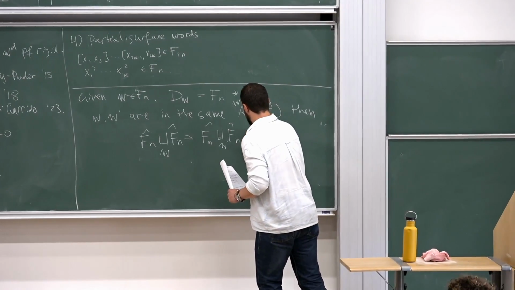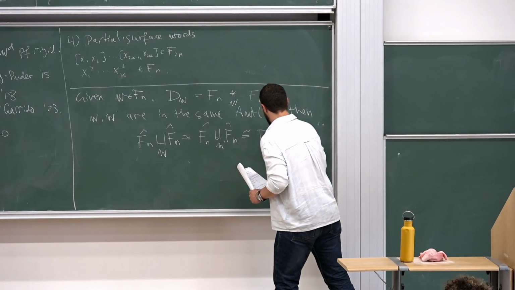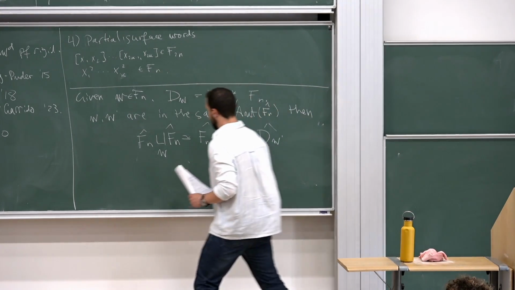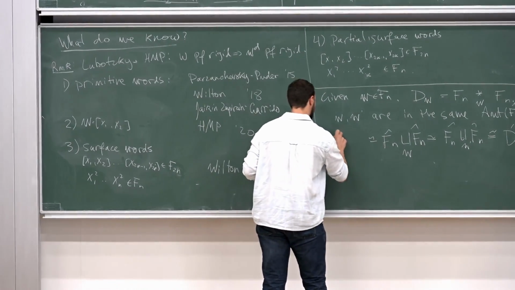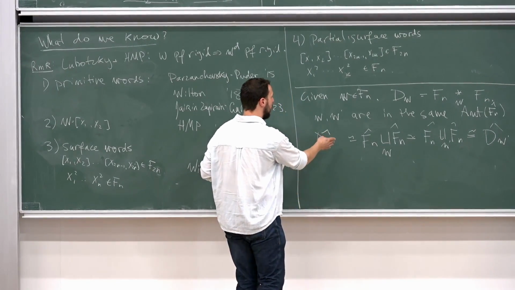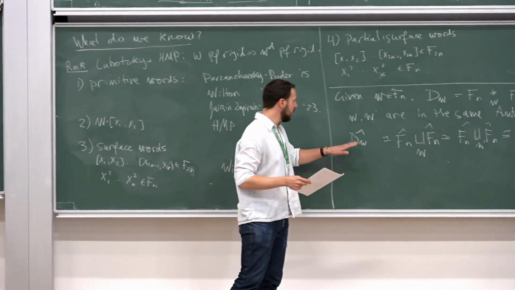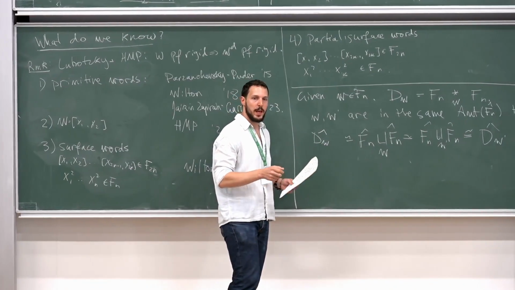But these are just the profinite completions of the usual doubles. And this means that solving this question for a given W is the same as profinitely distinguishing the corresponding double from any other double.